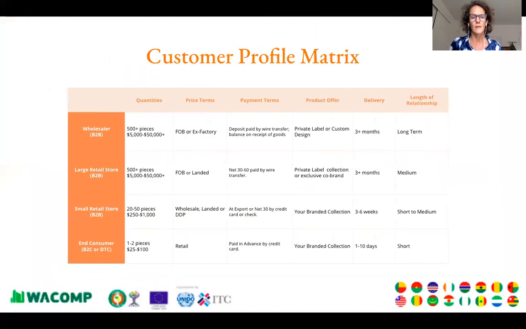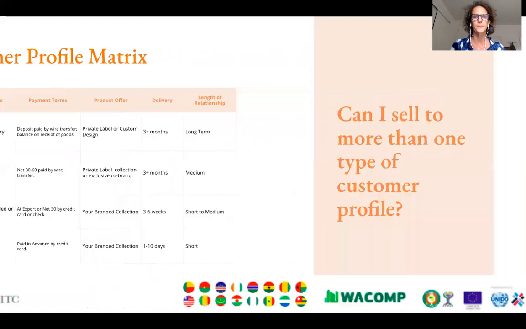Here is a matrix that summarizes all of the different expectations and how each of these 4 profiles of companies do business. Keep this as a reference as we continue through the rest of our videos. And as you start to understand what kind of quantities, price terms, payment terms, product offer, and delivery you are able to offer.